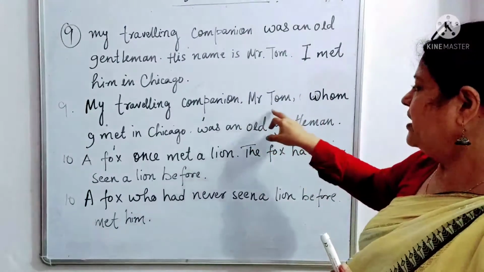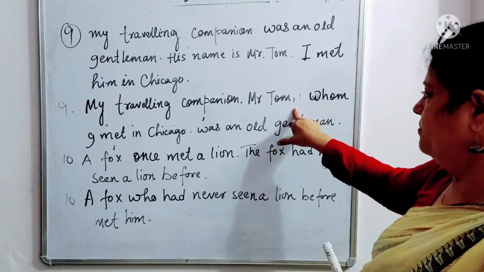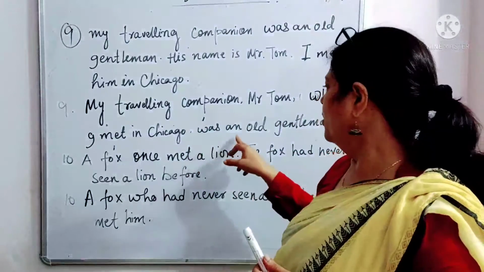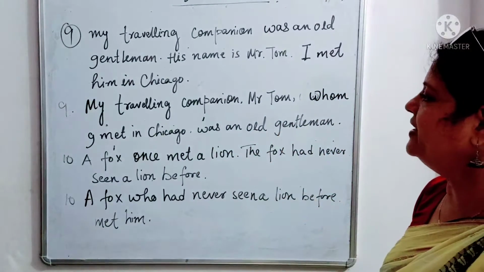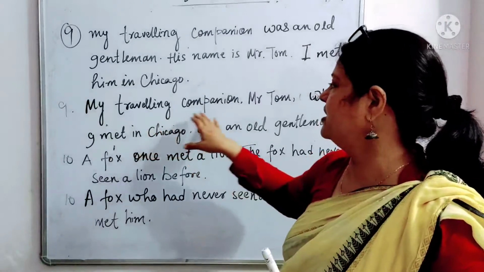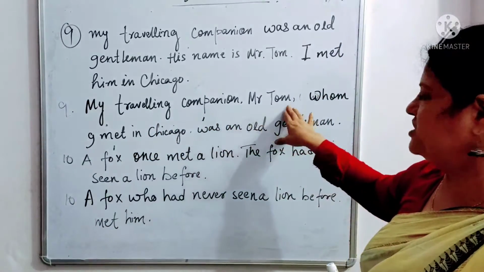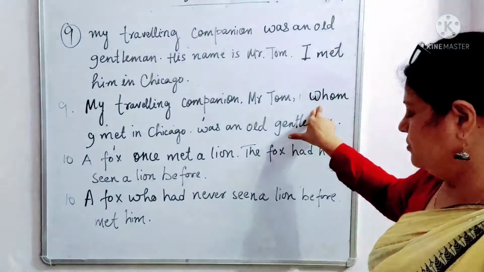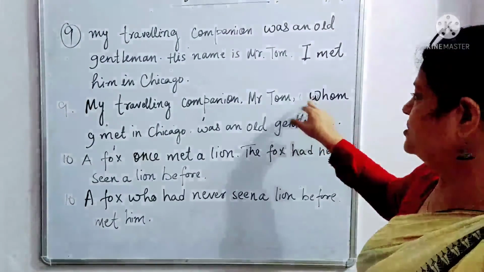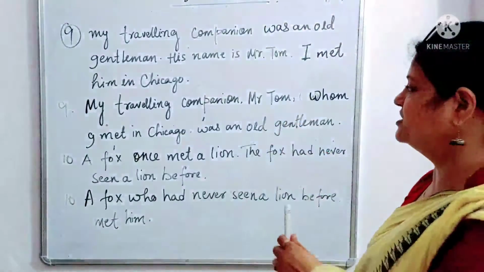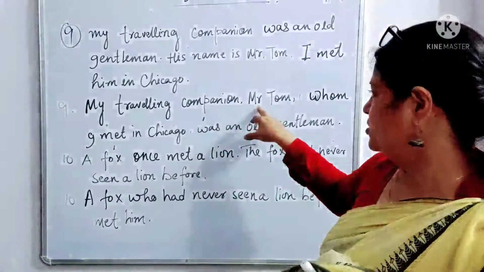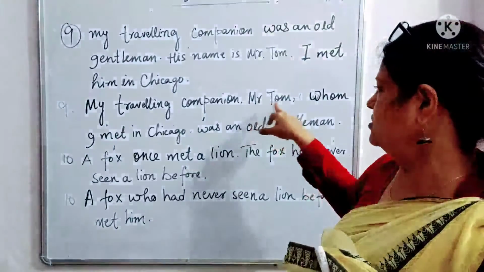So my traveling companion Mr. Tom, whom I met in Chicago, was an old gentleman. So first of all I've written my traveling companion Mr. Tom, and then I've written this subordinate adjective clause after Mr. Tom, because Mr. Tom is the person about whom we are talking, and this Mr. Tom has come in the principal clause.